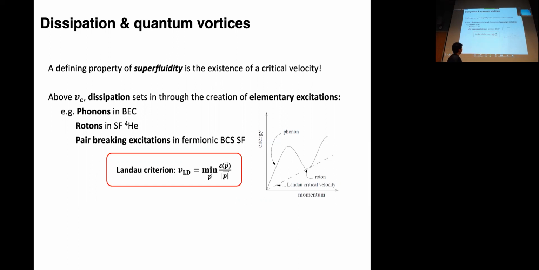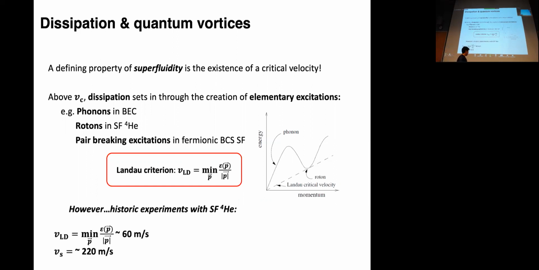And of course, since the early days of helium research, I'm sure the people in the audience know much better than I do, people have been very interested in trying to measure the critical velocity of superfluid helium-4. And already theoretical predictions were saying that based on the dispersion relation of helium, one would predict a Landau critical velocity of about 60 meters per second, which is governed by the creation of rotons in the system.